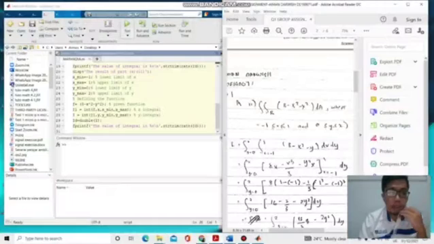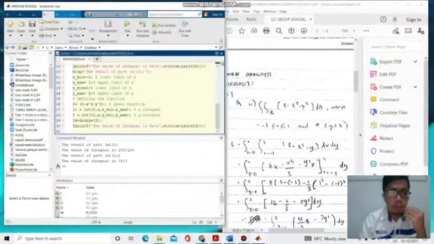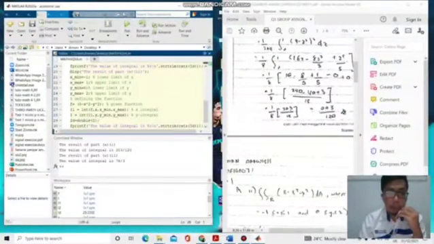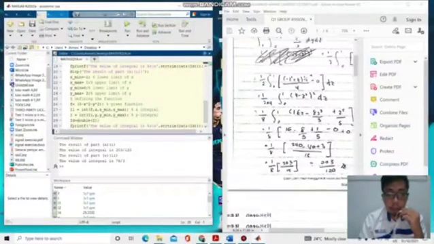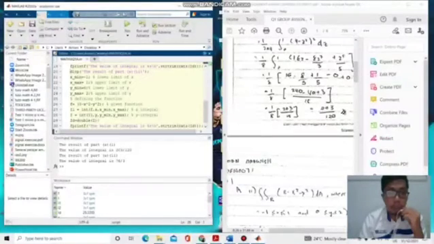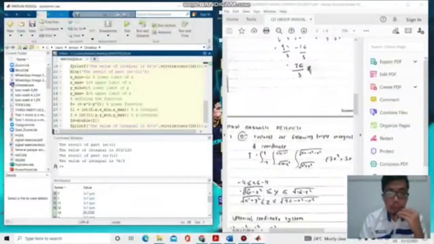Okay, and then I run the result. The result we got for question 1A, A1 is 200 over 120, and the result of part A2, the value of the integral, is 76 over 3.